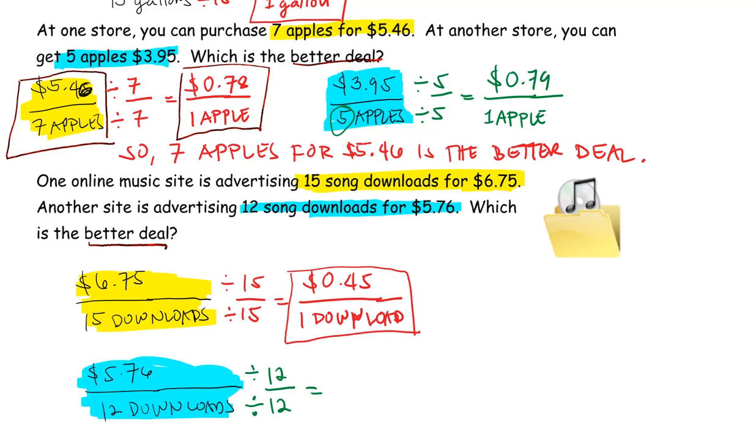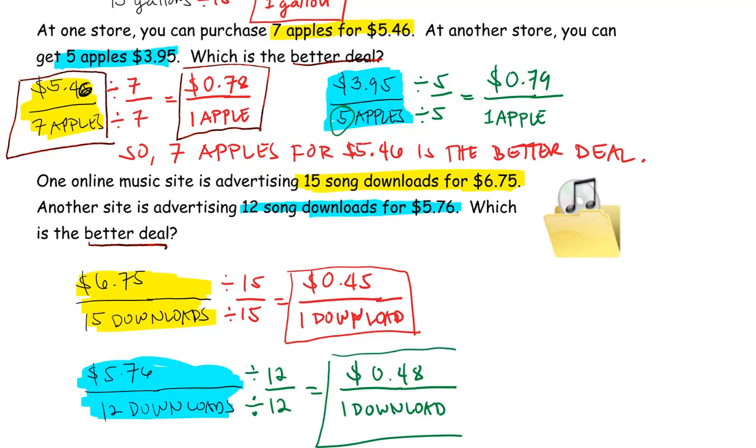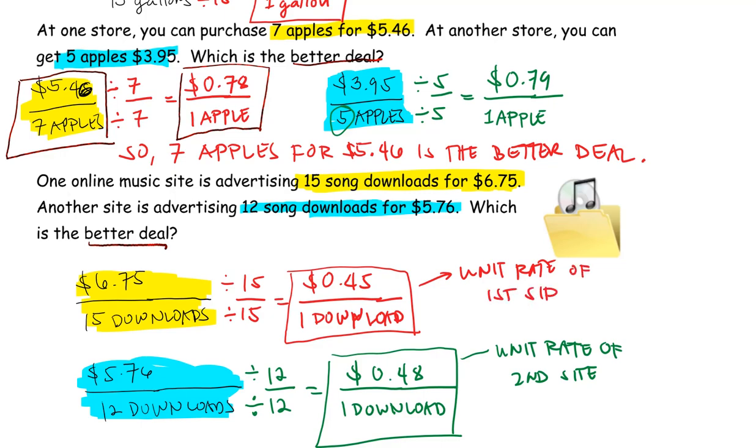So now the unit rate will give me one download, and the cost is 0.48 dollar. So again, this pertains to the unit rate of the second site. The first one is the unit rate of the first site.